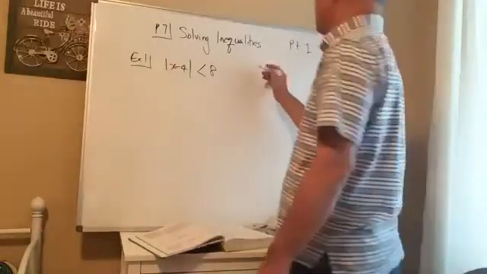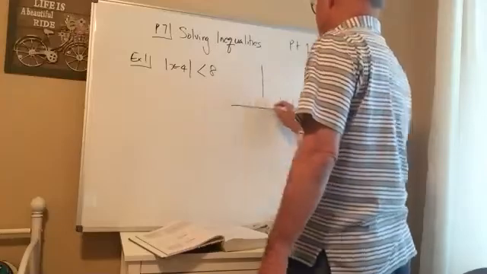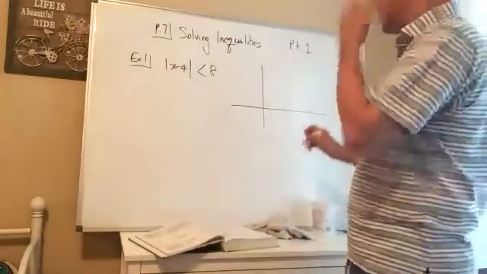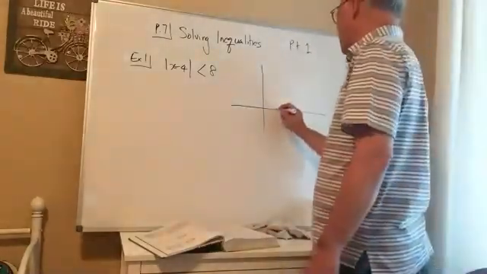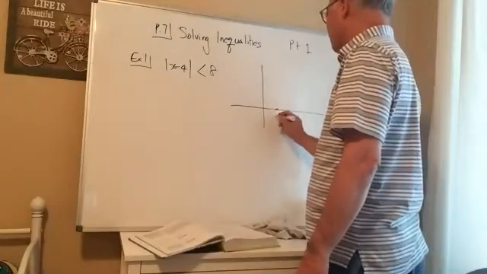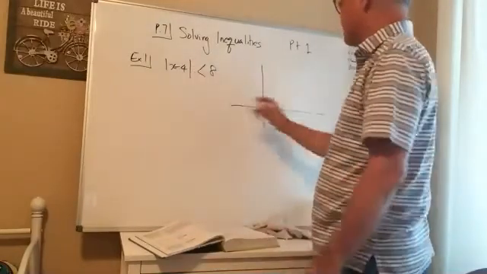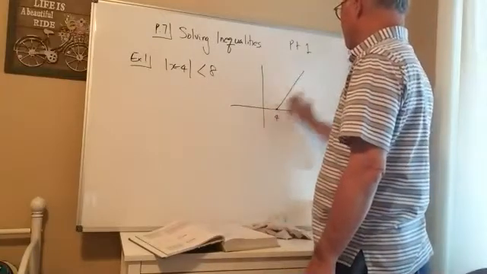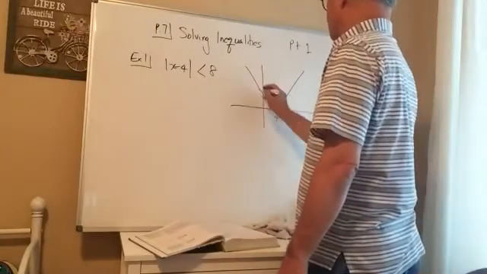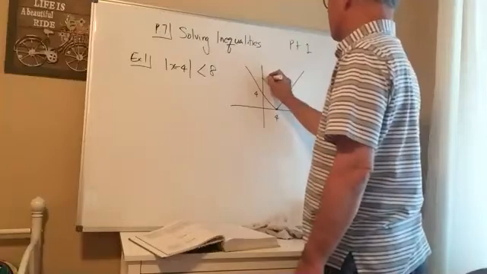If I graph this, the graph is going to look like this, and I'm going to have 4, because I'm moving it to the right, it's x minus 4. It's going to look like this.